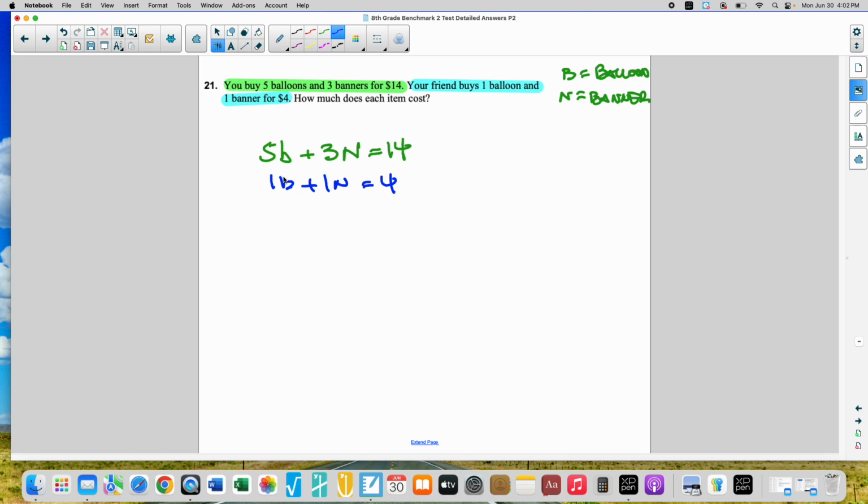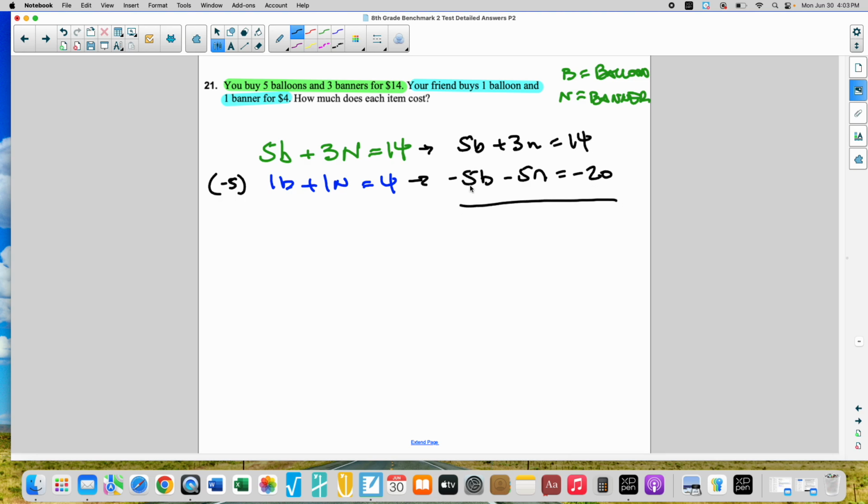I can either multiply, and I'll do that. I'm going to use the multiplication again. I'm going to multiply this by -5, and I get -5b minus 5n equals -20. Make sure you multiply everything, and then we'll just bring this equation, 5b plus 3n equals 14. Let's combine them. The b's cancel. I'm left with -2n equals -6. Divide by -2. n equals 3.